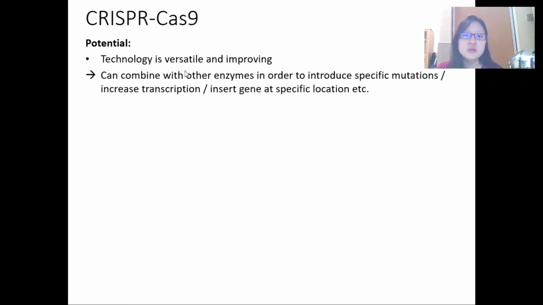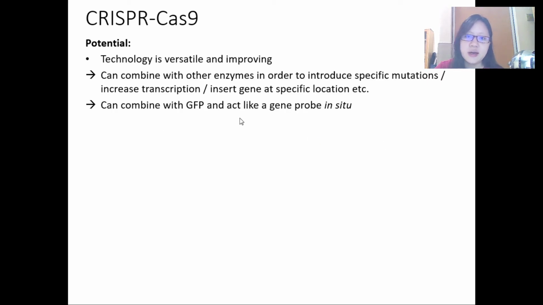It could be used in order to increase transcription with combinations of other enzymes, and even insert a gene that you want at a specific location, which is something recombinant DNA technology cannot do. Gene therapy also cannot. Yeah, it will always insert genes at a random location. But using this new technology, we can insert genes at specific locations. It can even combine with GFP and act like a gene probe in situ. So basically, you can make it light up.